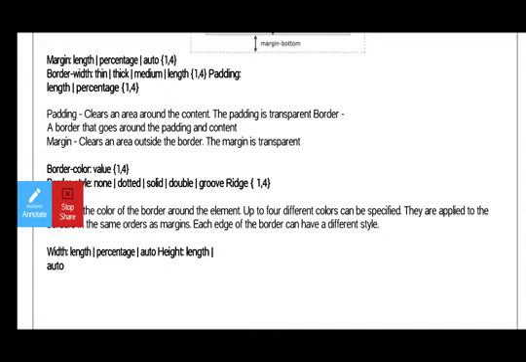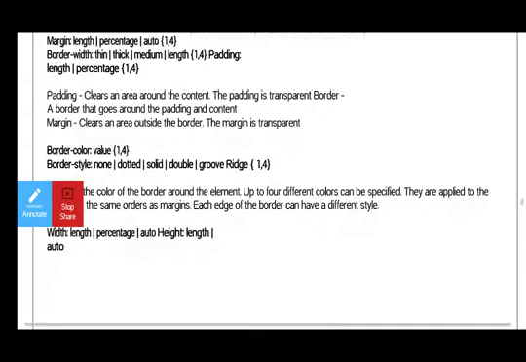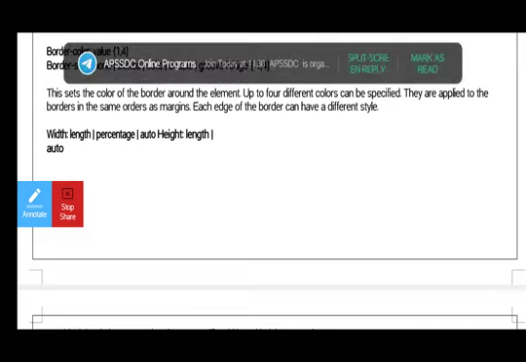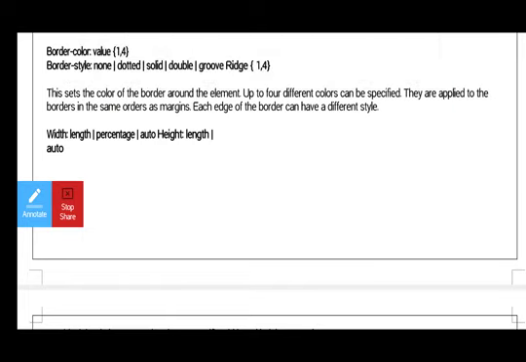These are the three we discussed here. Also the border colors and border styles consider the color of the border that may be applied to the borders, as well as the margins for the box model.